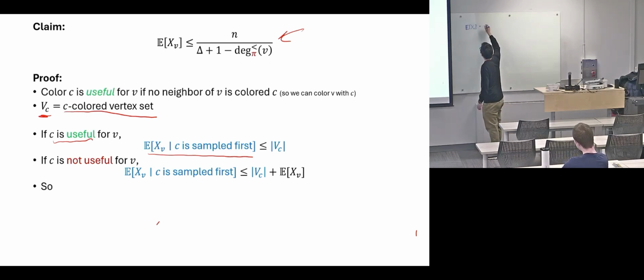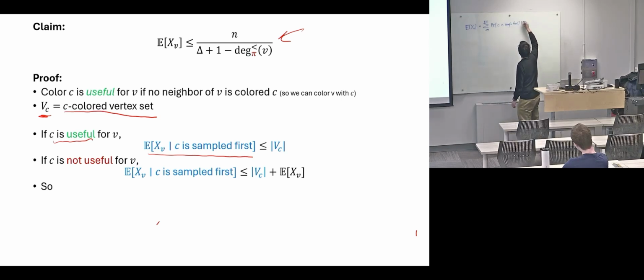So I'm going to start by conditioning on the probability that C is sampled first, and then the expectation of XV given that C is sampled first. This is just by the law of conditional expectation, right?